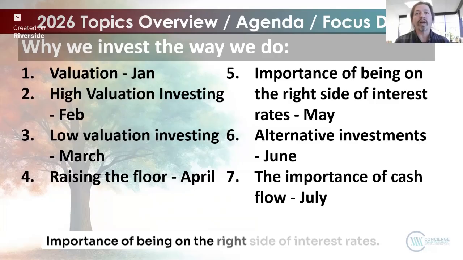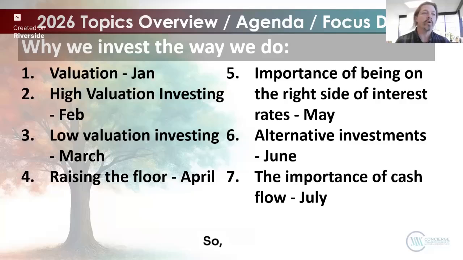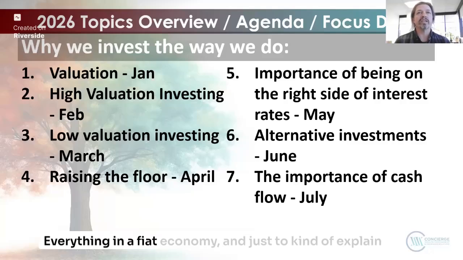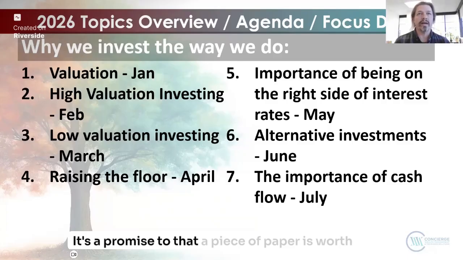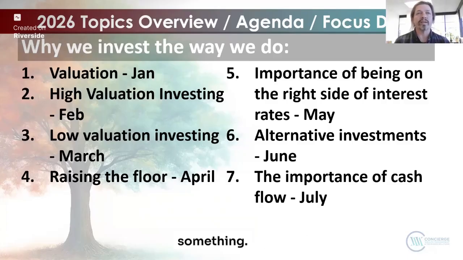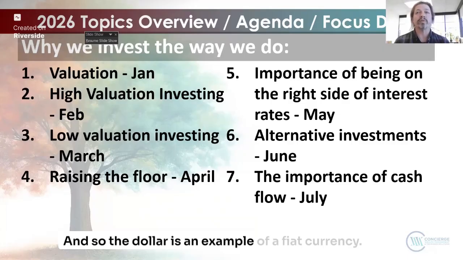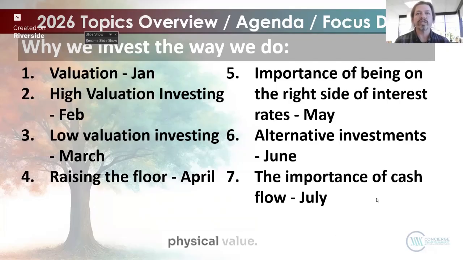Importance of being on the right side of interest rates. So everything in a fiat economy, and just to kind of explain what fiat is, fake money, basically. It's a promise that a piece of paper is worth something. And so the dollar is an example of a fiat currency. It's not based on gold or anything that has a true physical value.